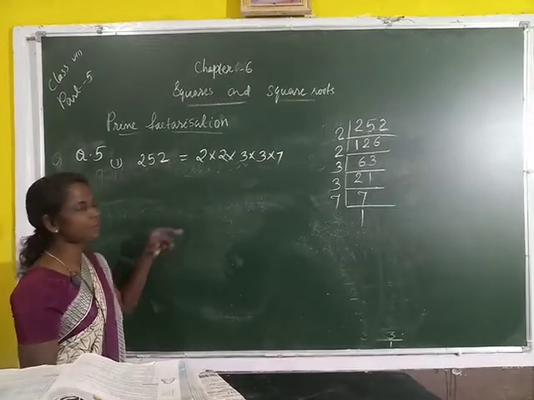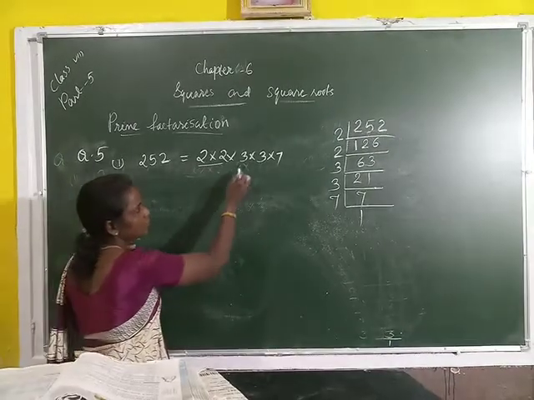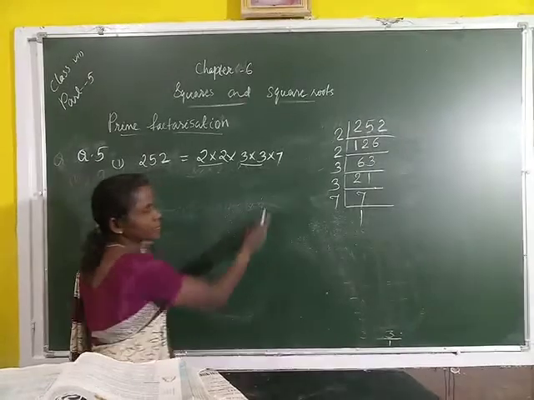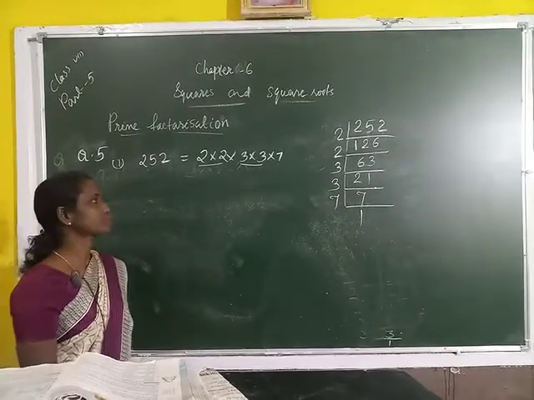The next step, making pairs. Pairs of 2, pairs of 3. Then look here, 7 has no pair.